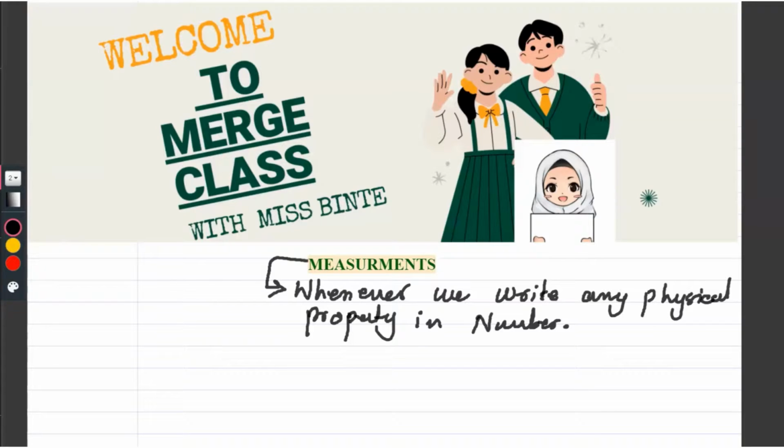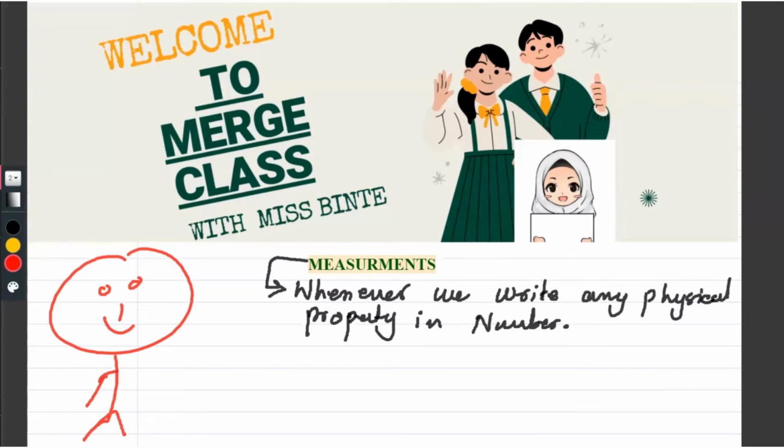For example, let me give you an example so things will be clear. Let's suppose this is my favorite student, Zoe. Zoe, I'm really sorry to draw you that way. So if I ask any of the students, what's the height of Zoe? What's the weight of Zoe?